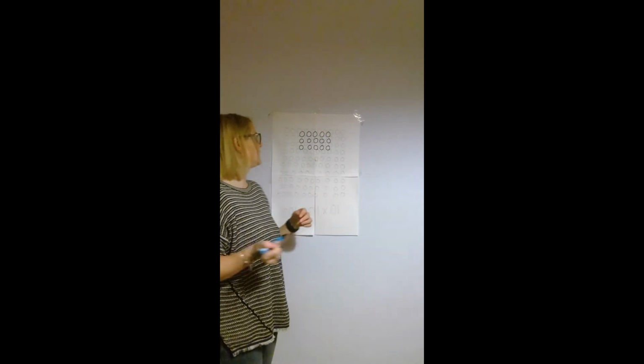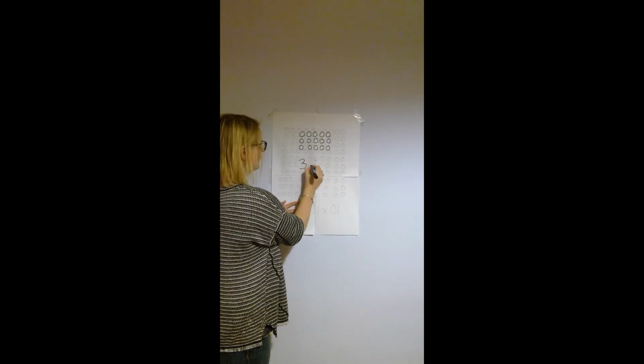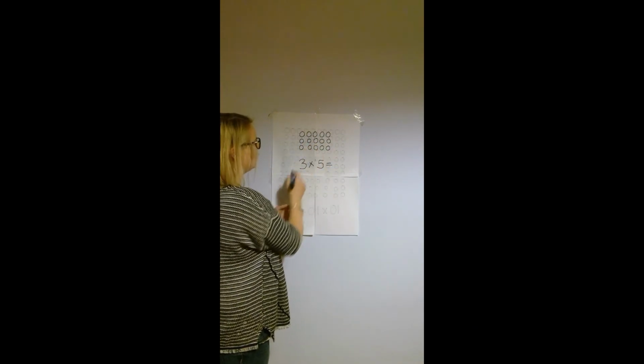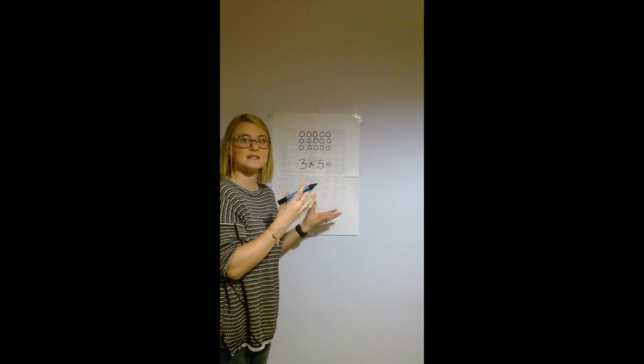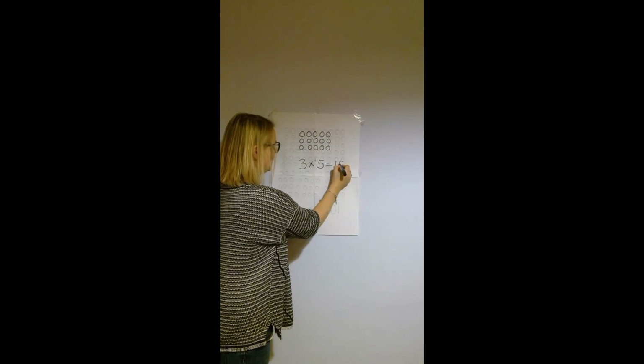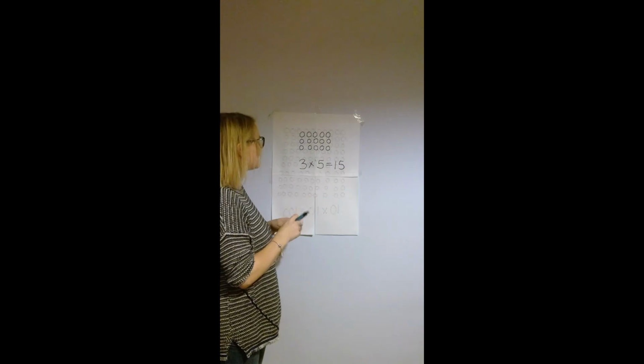Well, I'm going to write the number sentence for 3 groups of 5 by going 3 groups of 5 equals, and then if I count up all of my counters together, I can see that the answer is 15. And that is how I would work out the second question.